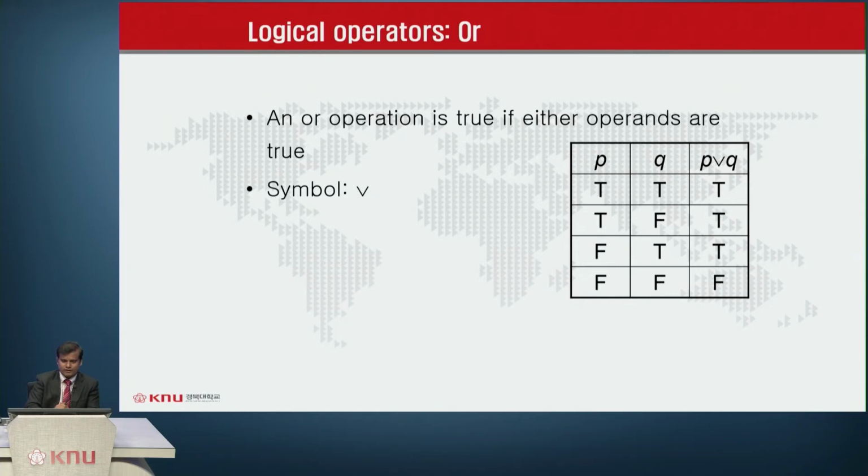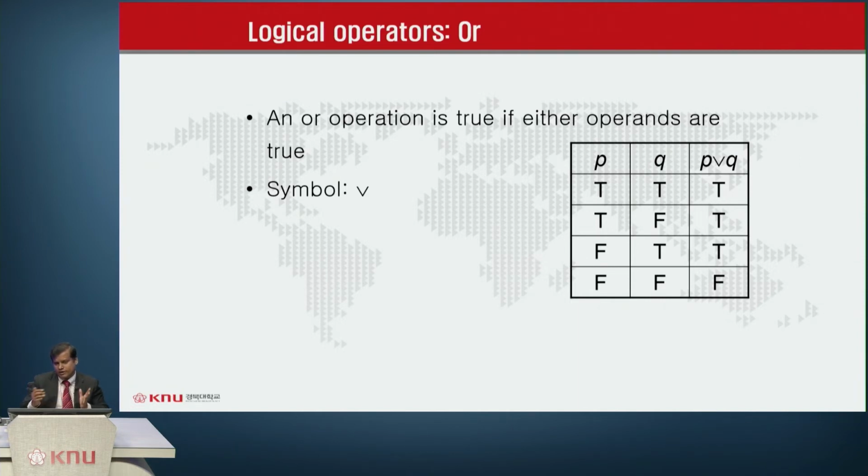You can notice that when either of the operands, either P or Q, is true, the output is true, and if P and Q both are true, still the output is true. The only occasion in which the output is not true is when P and Q both are false.